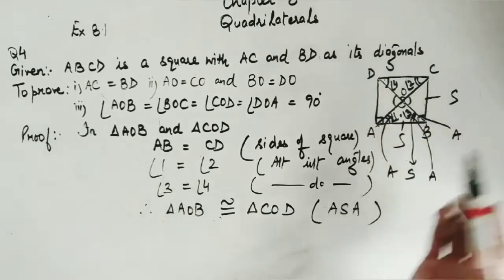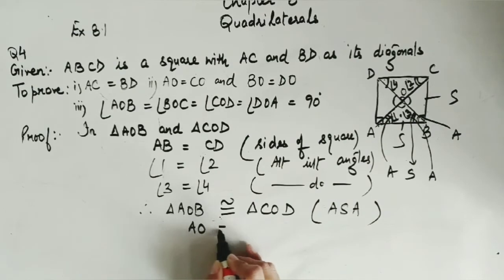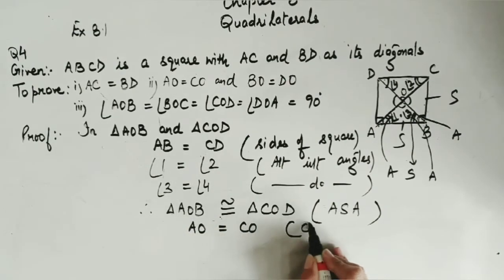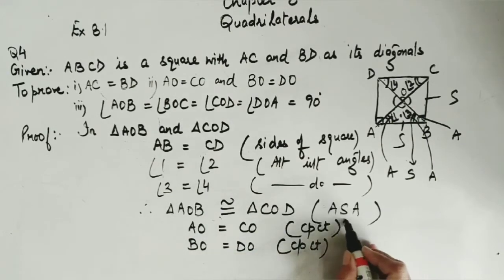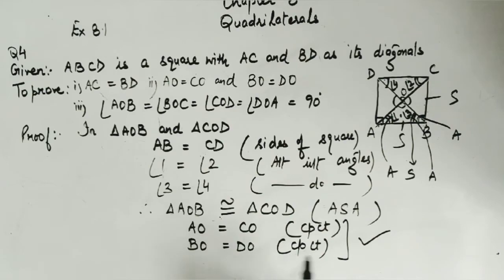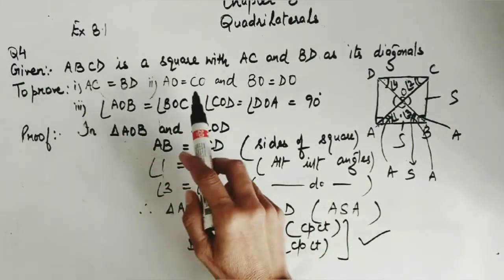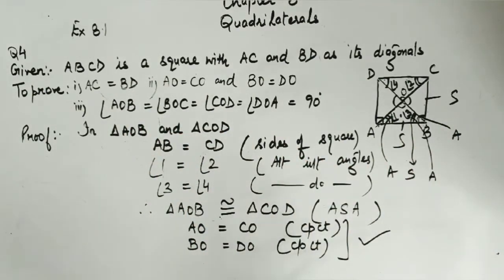AO must be equal to CO. AO is equal to CO. This is by CPCT. Similarly, the other one, BO is equal to DO. Same reason. So our second part is also proved, that diagonals are equal and they bisect each other.